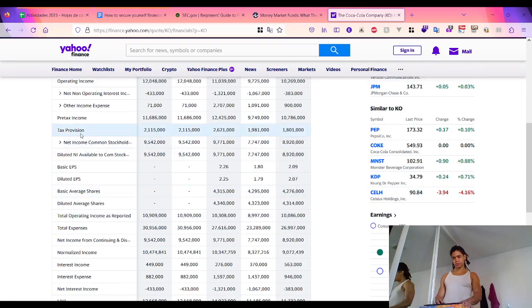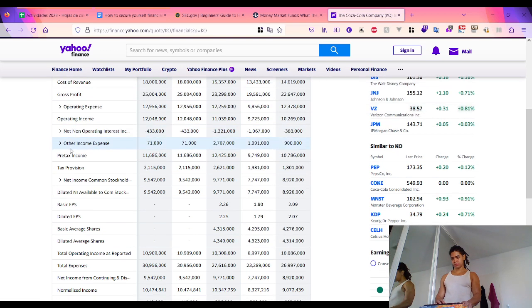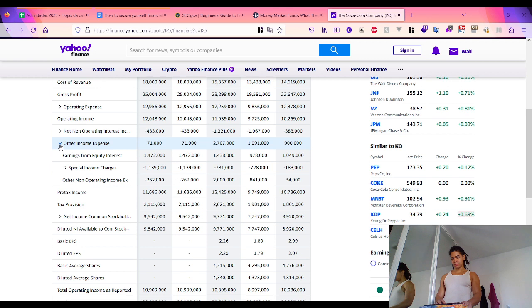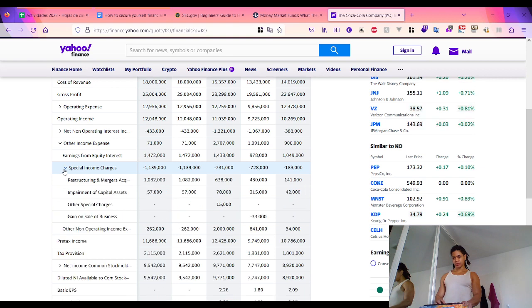Tax provision. Here they're including earnings from equity interest, the special income charge.